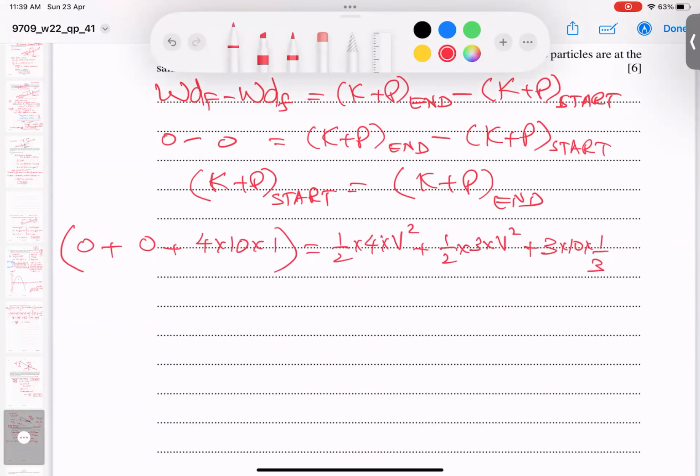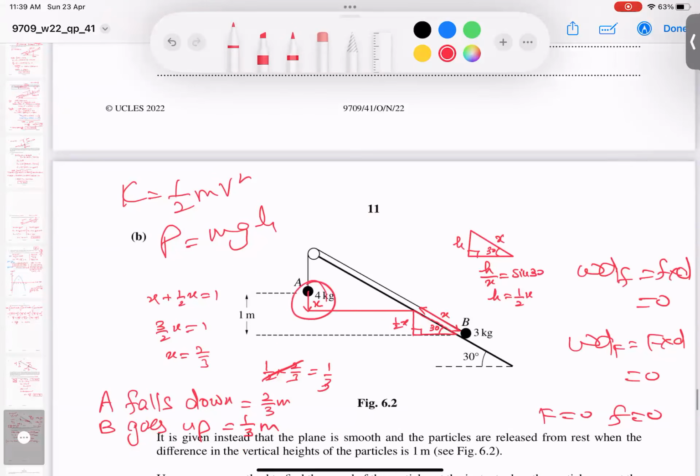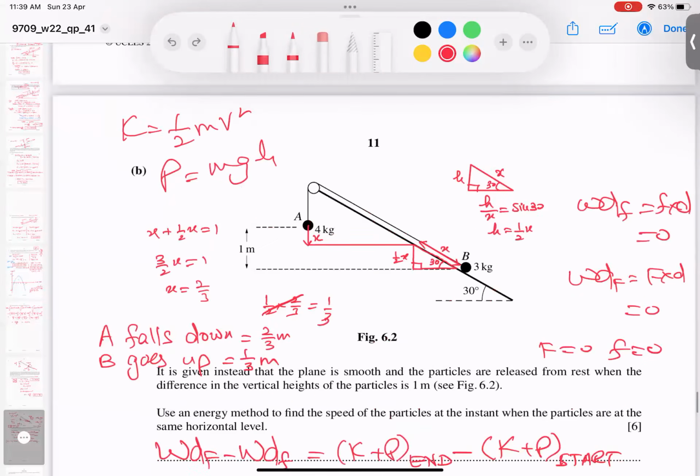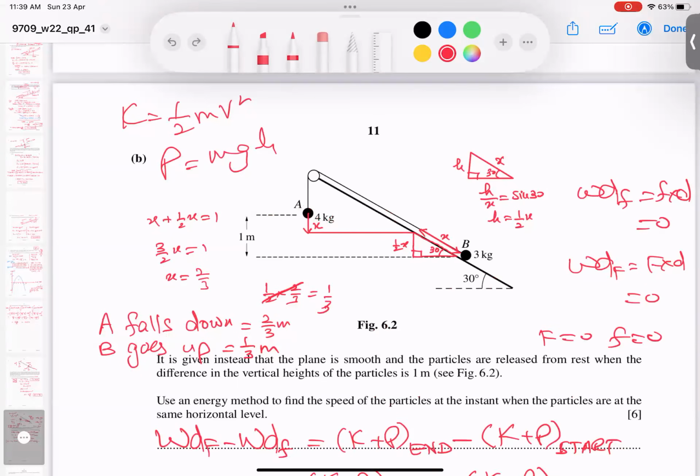Okay, let's talk about the last one, and negative. Why negative? Because only this one will lose its potential energy. How much will it travel downwards? 2/3. Sorry, it's a height. Actually, this distance is not important. What's important is how much height it has from the ground level.